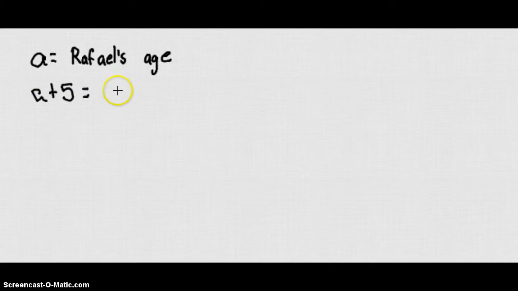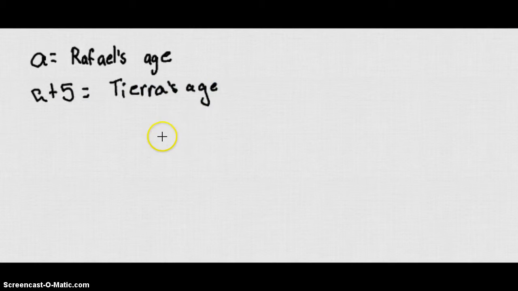So let's say we have a problem. We know that A is going to represent Raphael's age. We know that A plus 5 is going to represent Tierra's age.